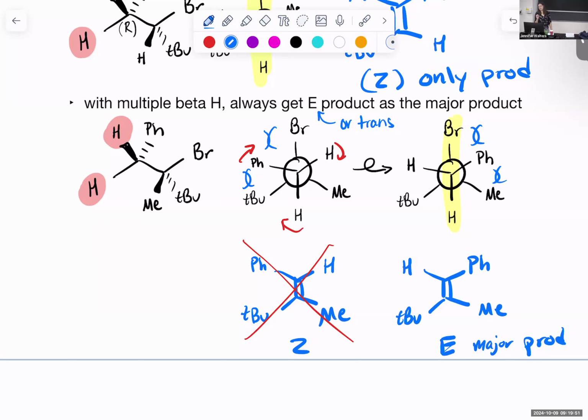There will be a little bit of Z that can form, so it's considered a minor, but it's going to be way minor, like very little, like 10% to 90%. If you get any of it, it's very small.